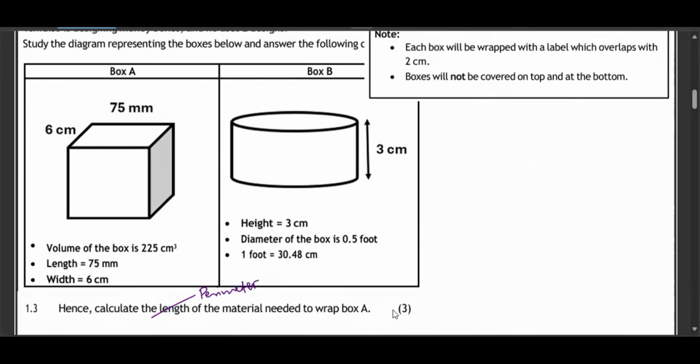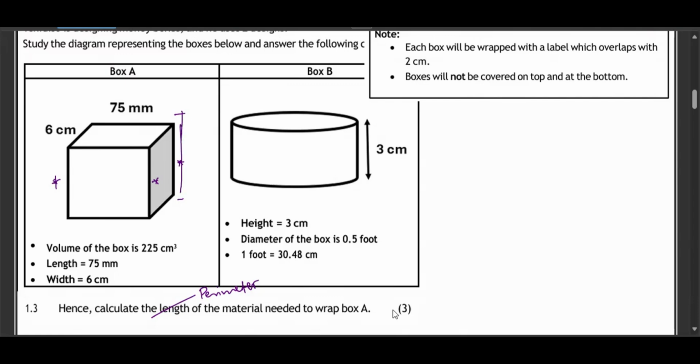If you're wrapping a gift, you start from one end, you go to the other end, and you turn around. The height won't be much needed, but we are looking for the length. How long will it be? How wide?